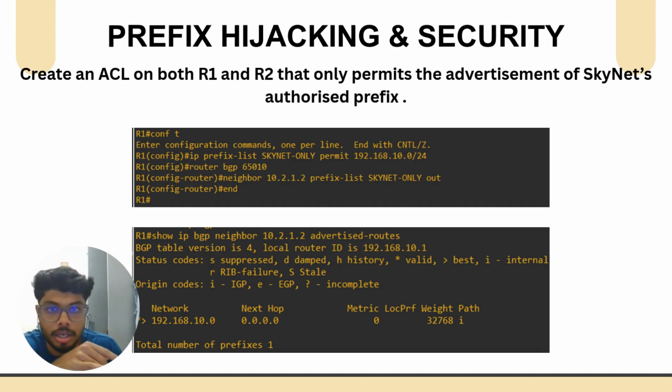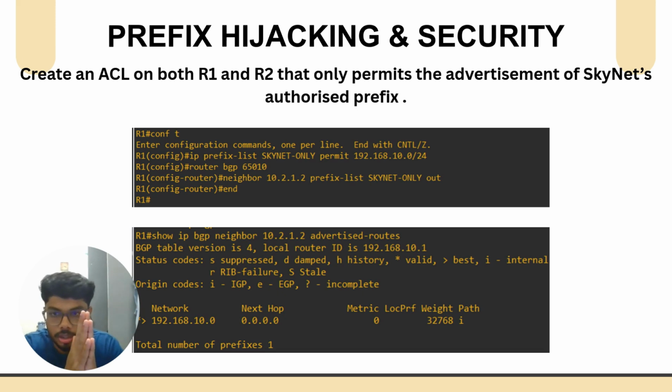And then the part that shows neighbor 10.2.1.2 prefix-list Skynet-only out is the application step. I have attached the filter to the ISP neighbor, which is 10.2.1.2, in the outbound direction, and that will ensure R1 checks every piece of routing information before sending it to the ISP. Next, we have the network 192.168.10.0.